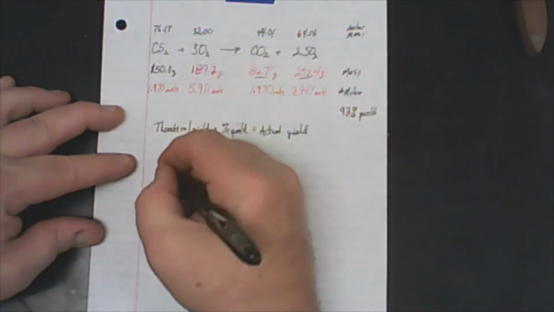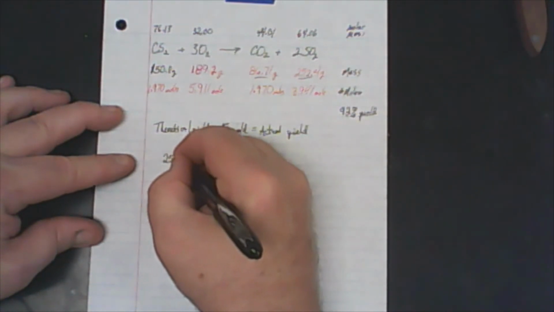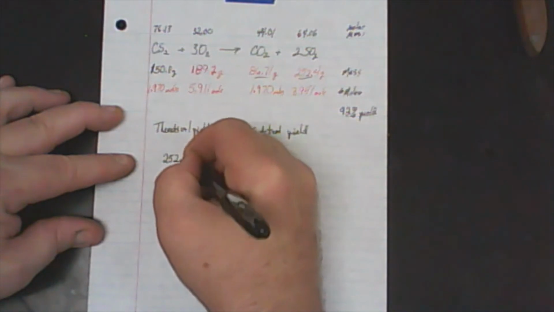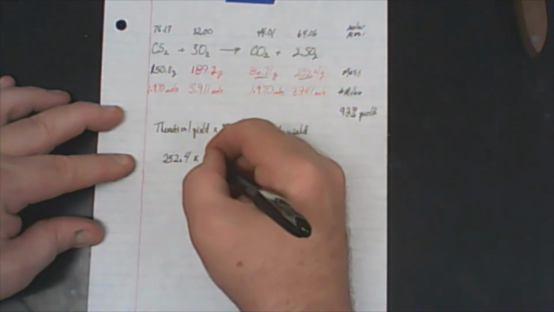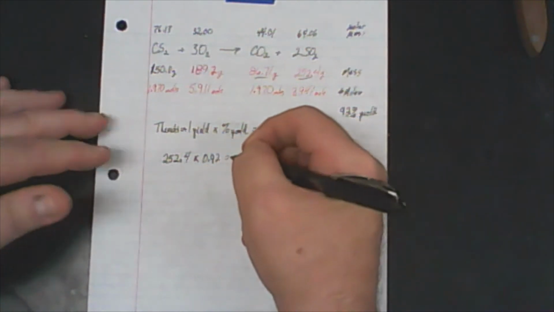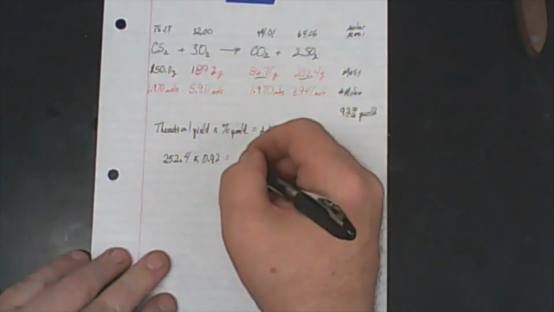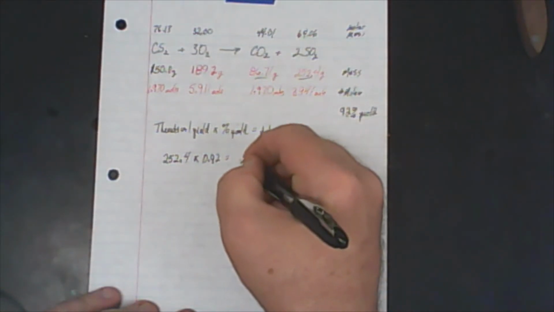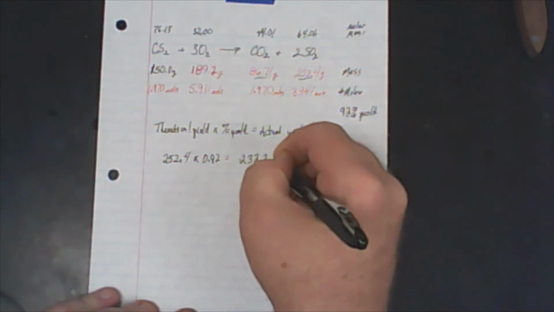So if I take 252.4 times 0.92, that's going to give me 232.2 grams.